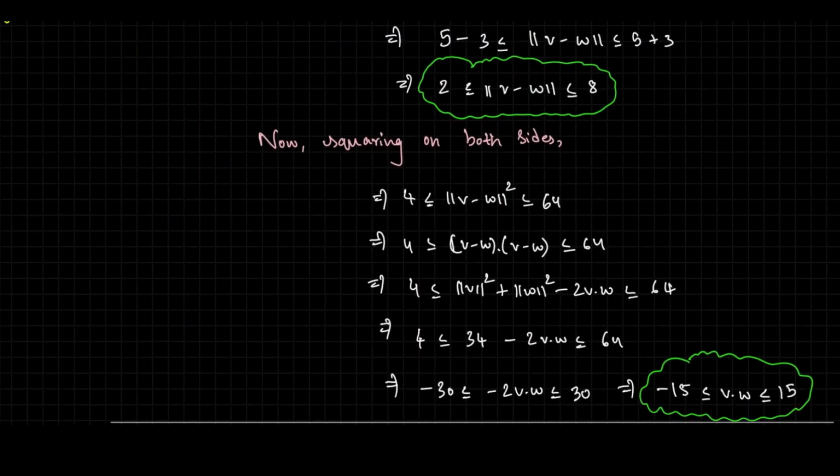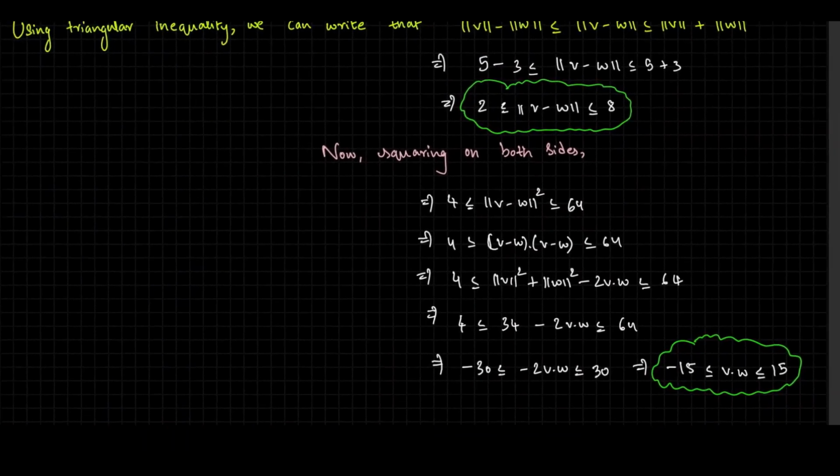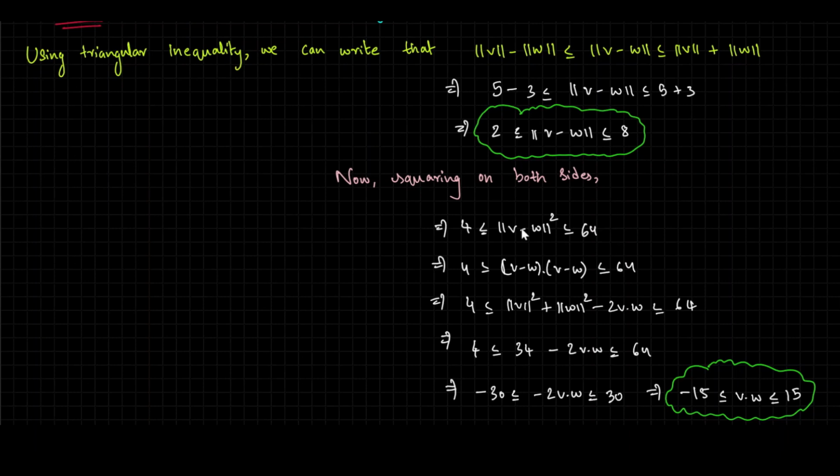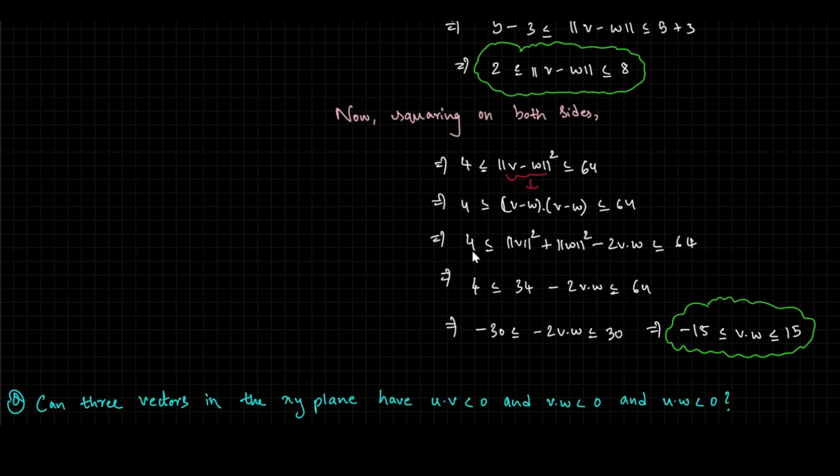Now squaring on both sides, we get 4 is less than or equal to magnitude of v minus w vector whole square is less than or equal to 64, and this can be written as the dot product of v minus w with itself. So we get 4 is less than or equal to magnitude of v square plus magnitude of w vector square minus 2 times the dot product of v vector and w vector is less than or equal to 64.